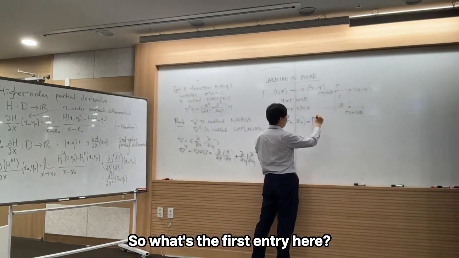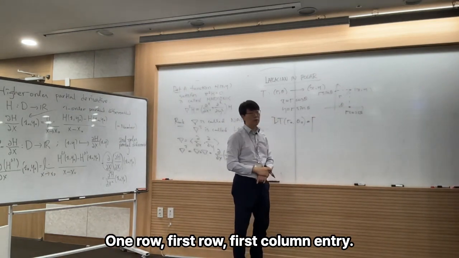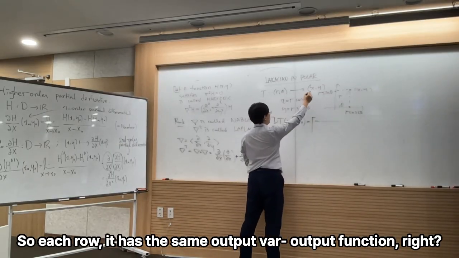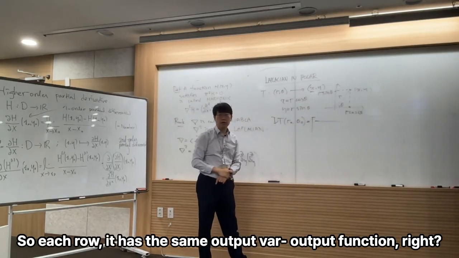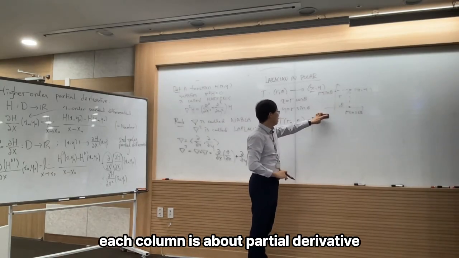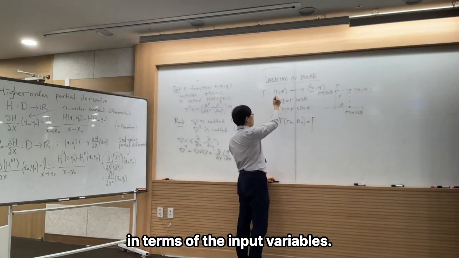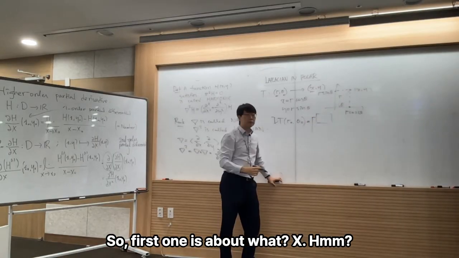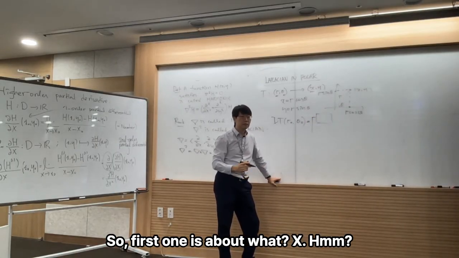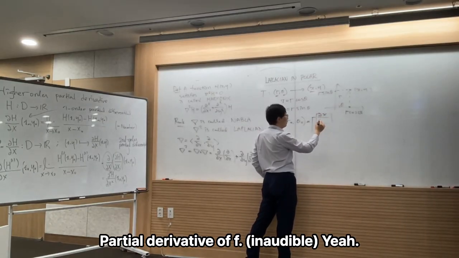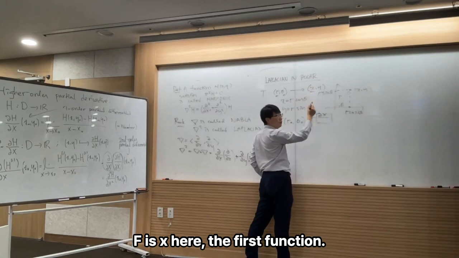So what's the first entry here? One row, first column entry. Each row has the same output function, right? So the first output is x. And then each column is about the partial derivative in terms of the input variables. So the first one is the partial derivative of x by what? Yes, f is x here, the first function.